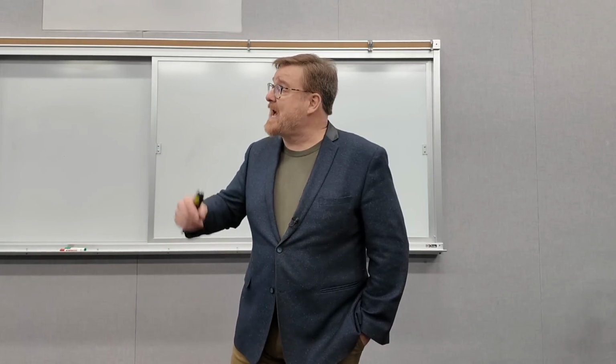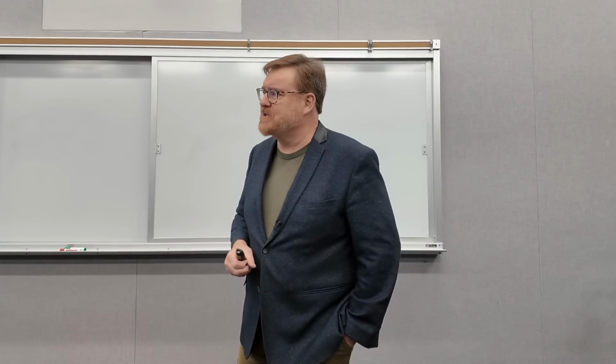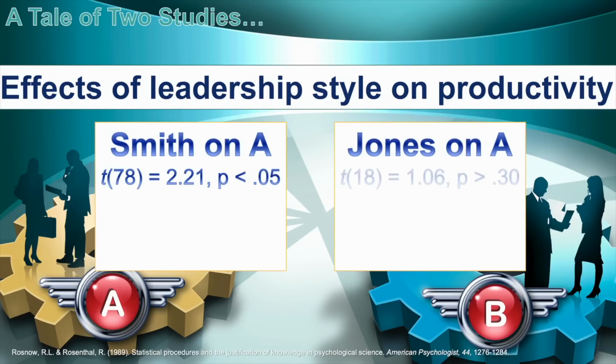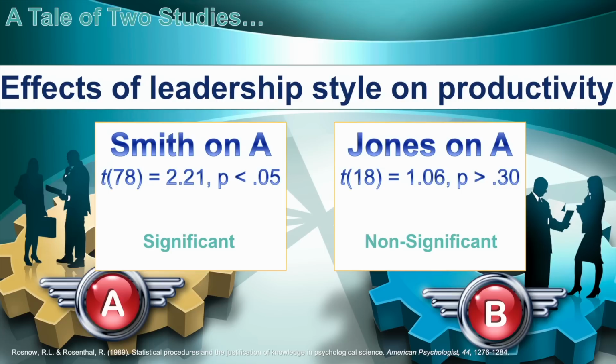So he looks at Smith's original study. When Smith first created this long-standing gold standard program, he published an article in which he demonstrated that in his research his program was statistically significant in its improvement. The T with 78 degrees of freedom was statistically significant, P less than 0.05.